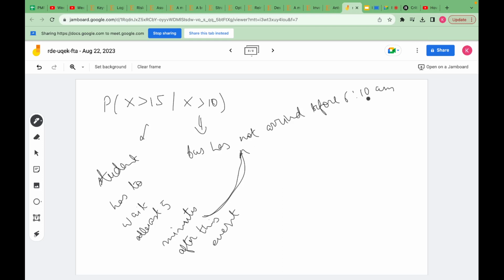So this event ends at 6:10, so we add 5 minutes to 6 hours and 10 minutes. So this becomes 6:15. That's why we took this 15. So in this question we are asked the probability that x is greater than 15, given that x is greater than 10.